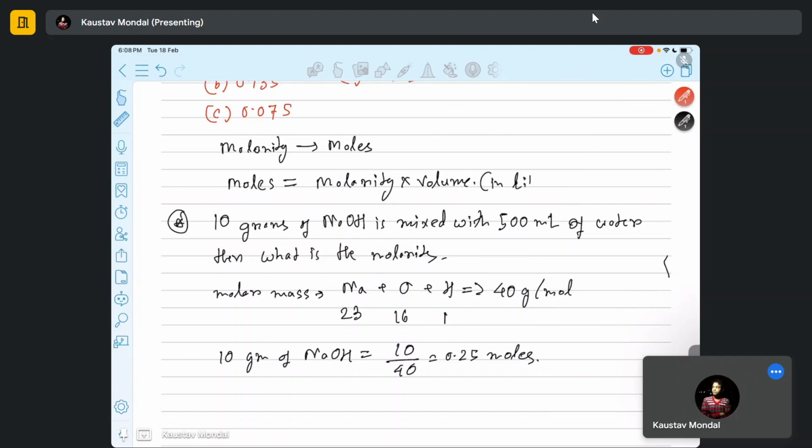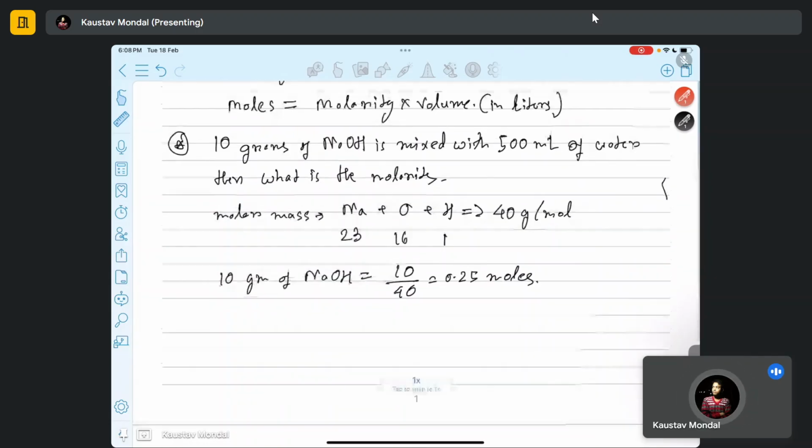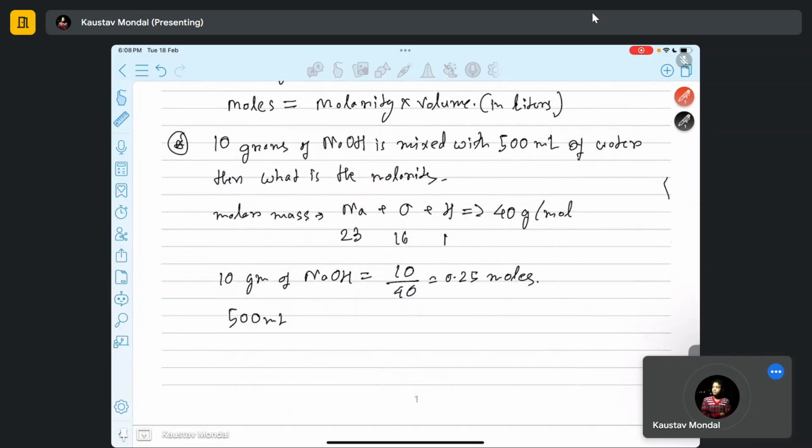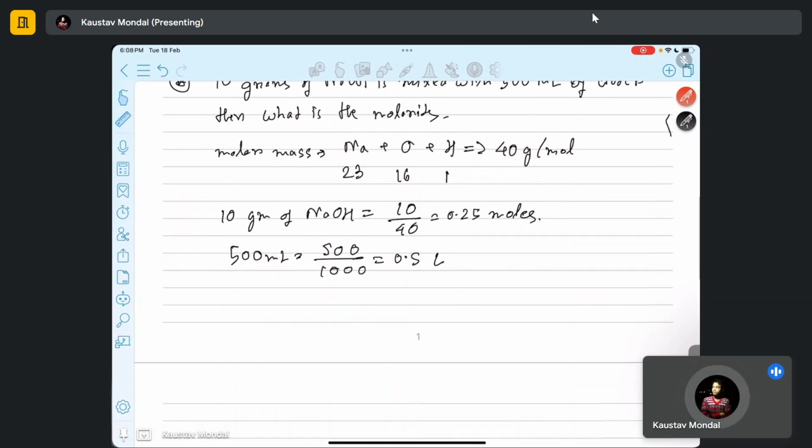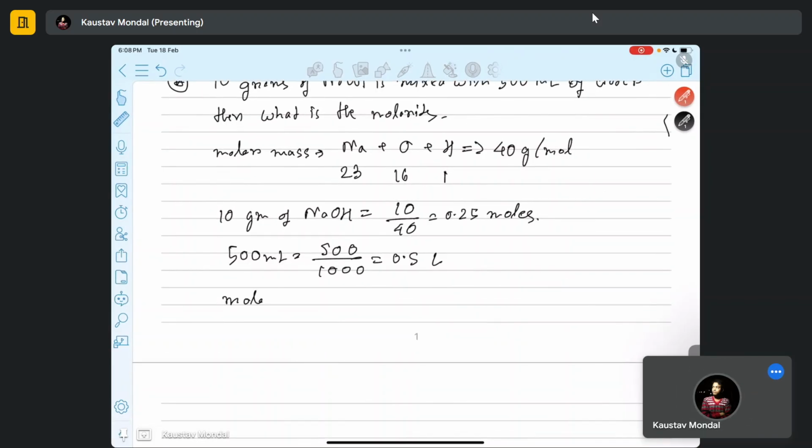So 500 ml equals 500 by 1000 equals 0.5 liters. So the molarity will be simply these two things, 0.25 moles with 0.5 liters. This gives you basically 0.5 m.